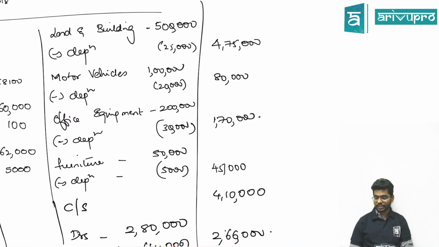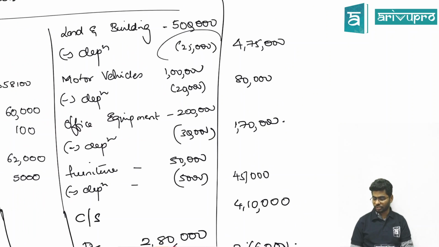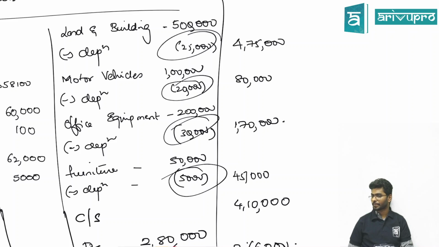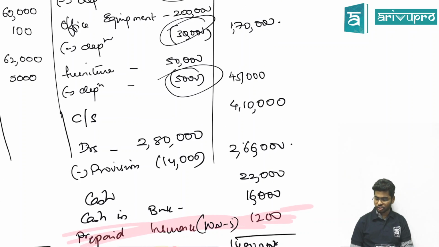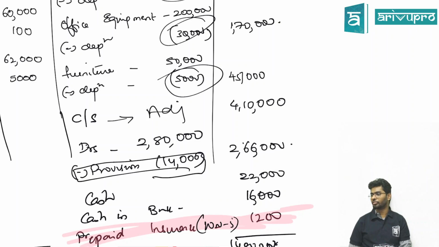On the asset side, all the assets you have to keep reducing the respective depreciation amounts. Then closing stock was part of my adjustment. Debtors, I had told you guys earlier, bad debts is taken care of. So the only thing you will be reducing is the provision portion.